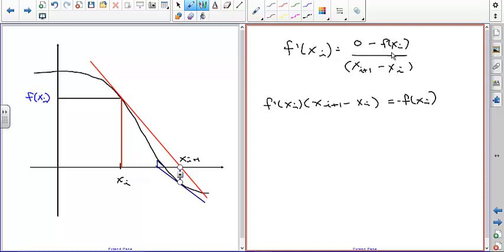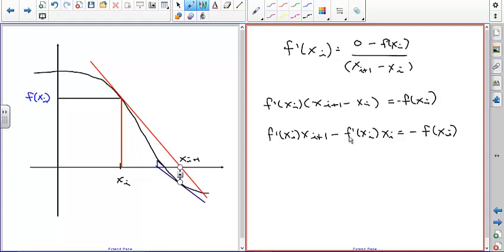So this is the right-hand side. And then we'd multiply it out. So you'd have f prime of x sub i times x sub i plus 1 minus f prime of x sub i times x sub i is equal to negative f of x sub i.